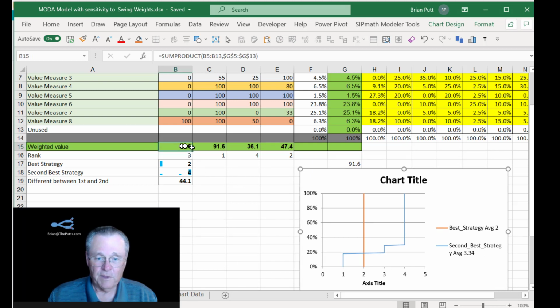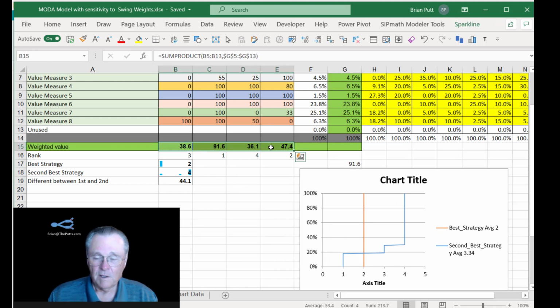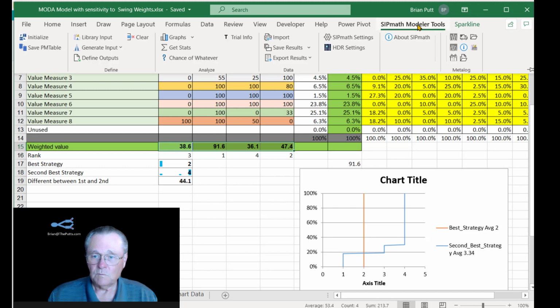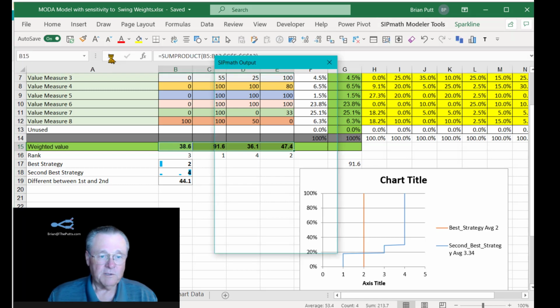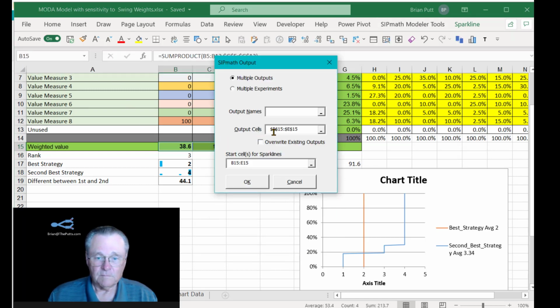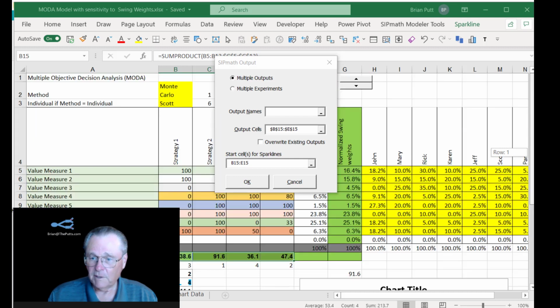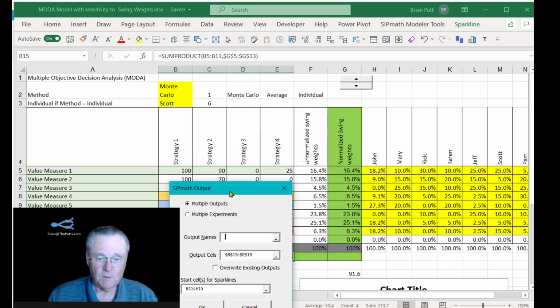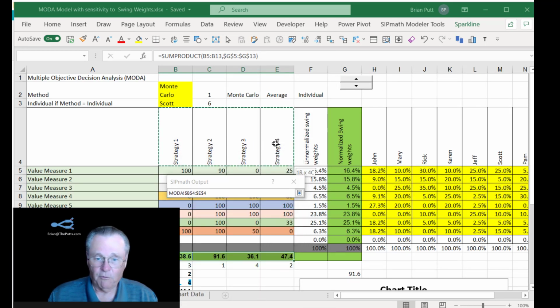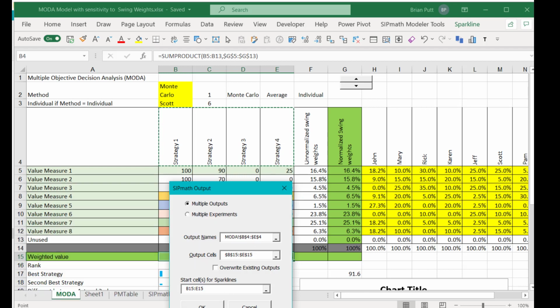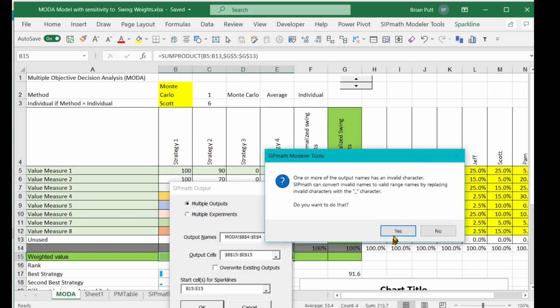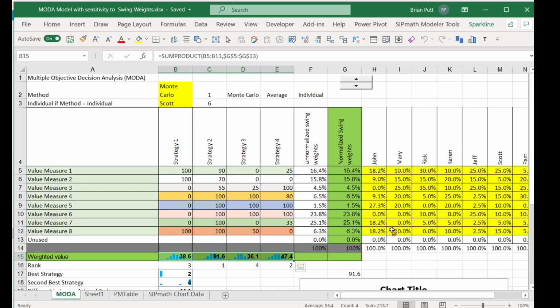We could define these as variables as well. So we'll define those outputs. Output names. I can do multiple here at the same time. We'll call them strategy 1 to 4. Okay. And we can then do graphs of those as well.